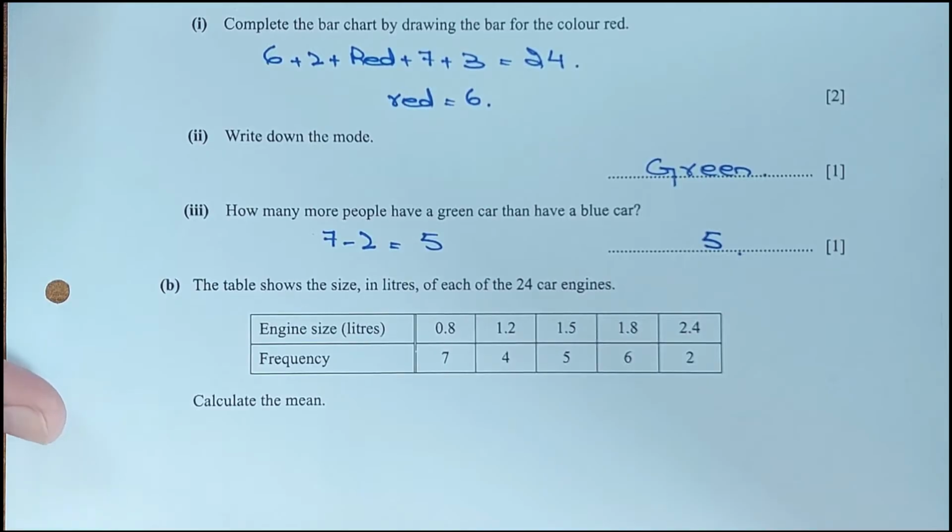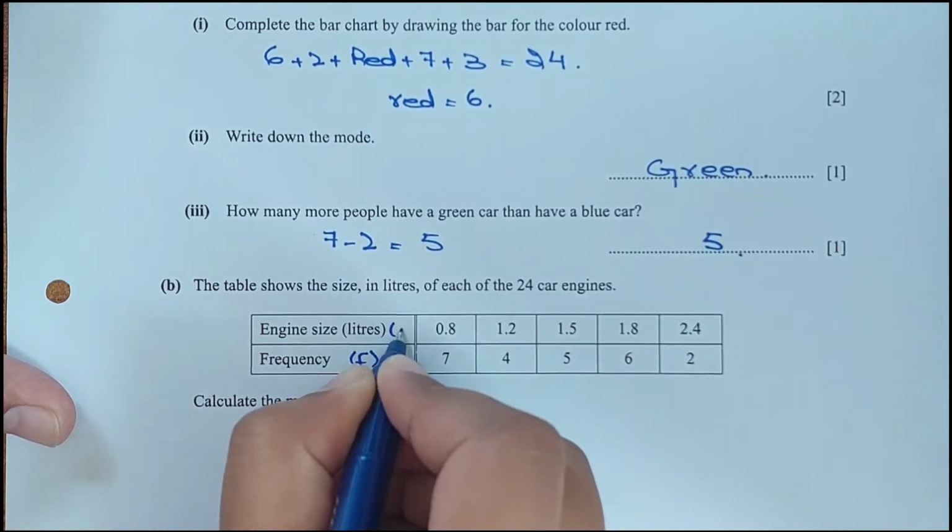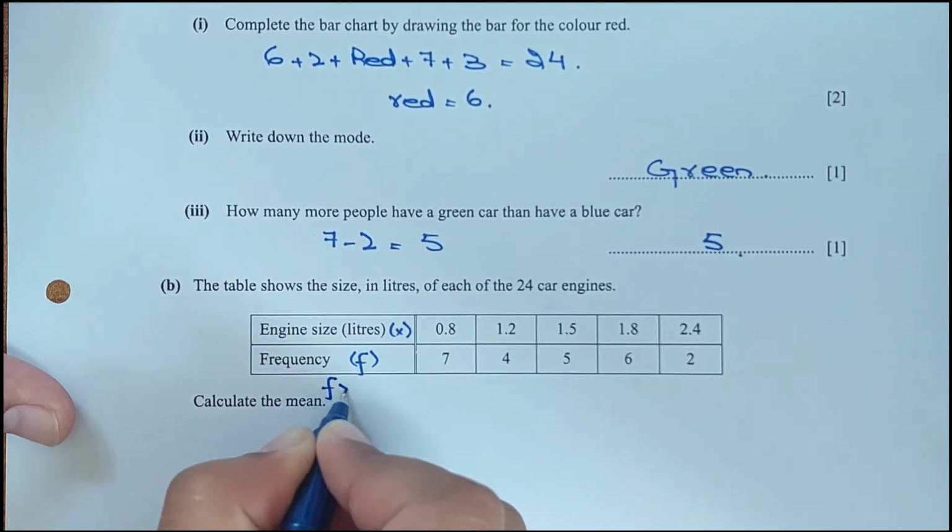Part B, the table shows the size in liters of each of the 24 car engines. The engine size in liters and frequency, calculate the mean. So we have given f and x. What is fx? The product.